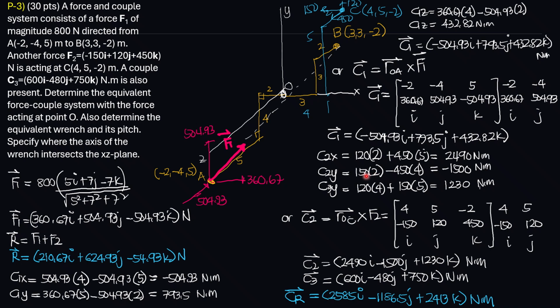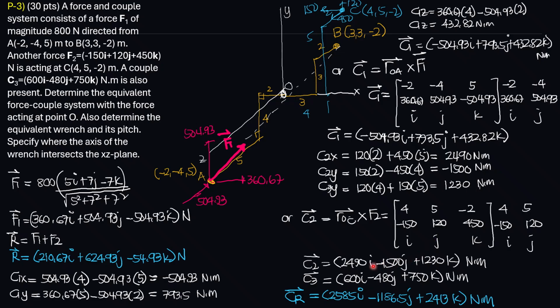Then minus negative 450 times 4. It's the same. Then for K, 120 times 4, then minus, because this is negative, minus of negative is positive 150 times 5. So it's the same, 1230 Newton meter.